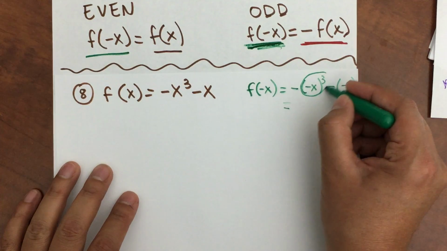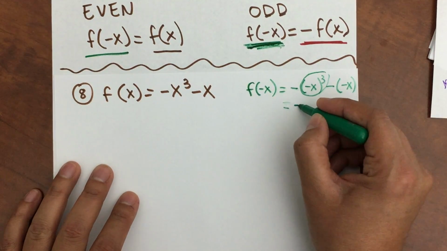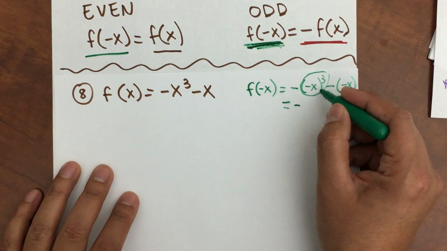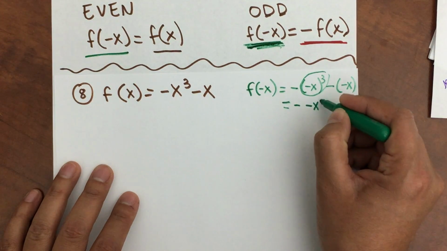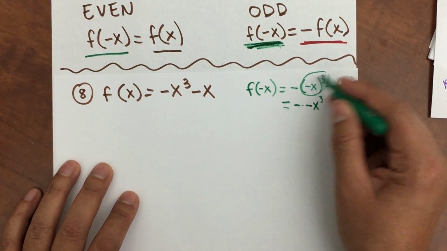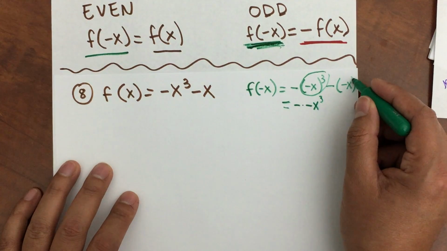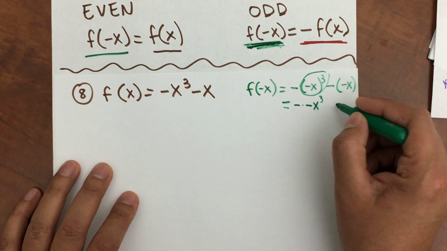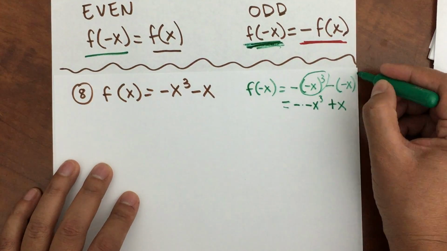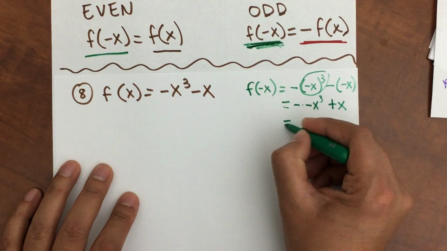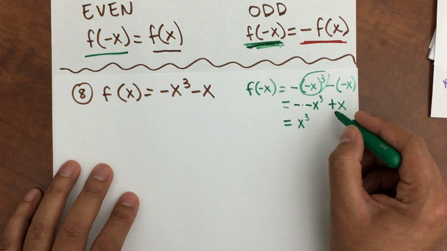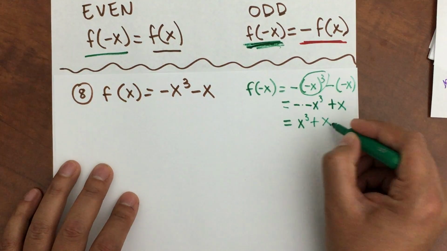So first you do this part, which is negative x times negative x times negative x becomes negative x cubed. Now you will multiply the exponents now that you did this part. And in here, because you don't have any exponents, you just multiply. Negative times negative is positive x. Why? Because there is no exponent. So we have negative times negative is positive x cubed plus x.